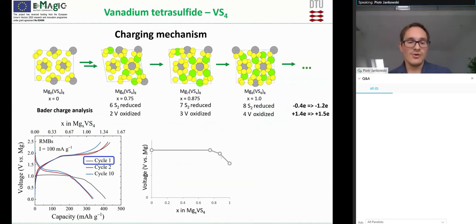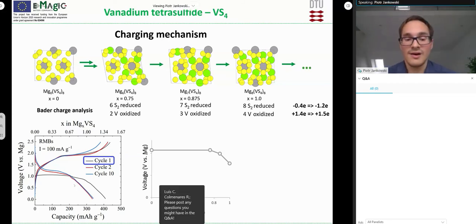And indeed, if you compare that with the experimental results from KIT for the first cycle, we can see that at the beginning we see a plateau and then it's decreasing. We did the calculation up to concentration equal 1. So here we have quite good agreement, also with the potential that is close to 1. But what is interesting is what is happening here.